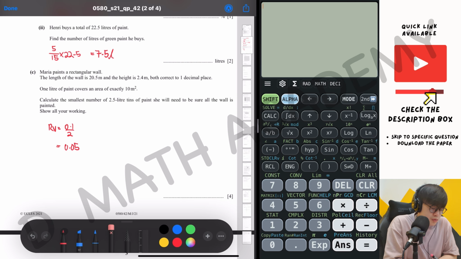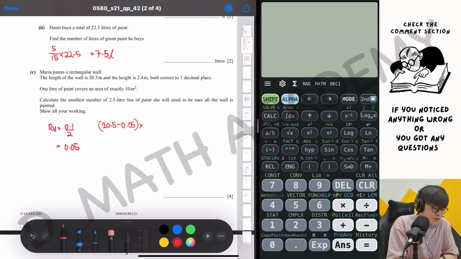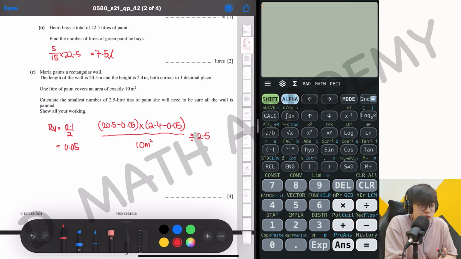So this is what I would do. I will be taking 20.5 minus 0.05, multiplied with 2.4 minus 0.05, and then divide it with the area, which is 10 meters square, and lastly divide it with 2.5 liters, because that's how you work out how many tins you need.